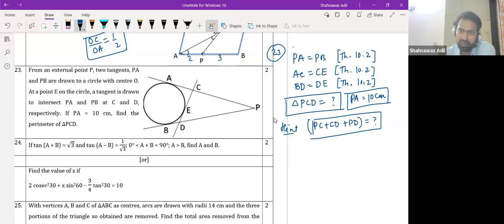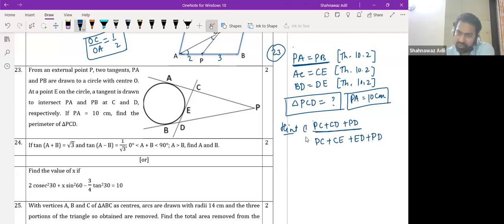No, sir, it's because I tried to write it as PA minus CA. PA is equal to PB, but it's of no use because CD is... There is some use, right? Okay, so let me give you another hint. You can write CD as CE plus ED. This is hint first, hint second.